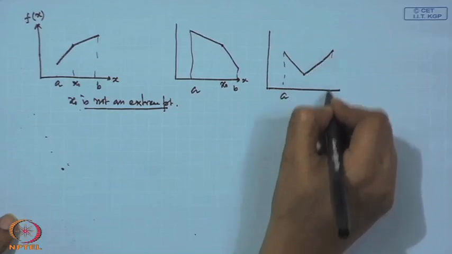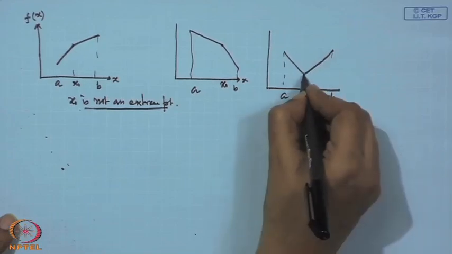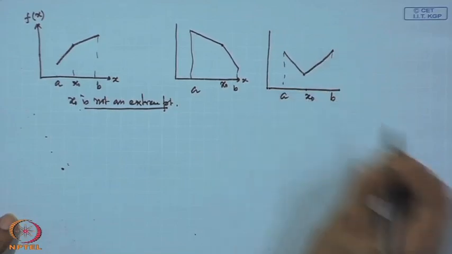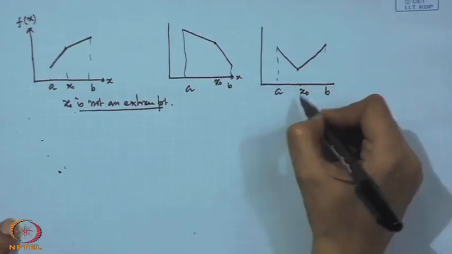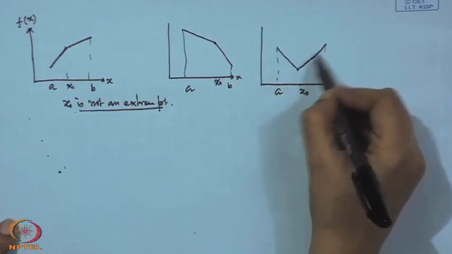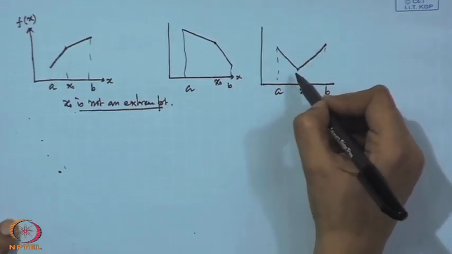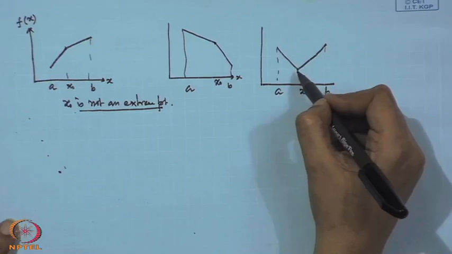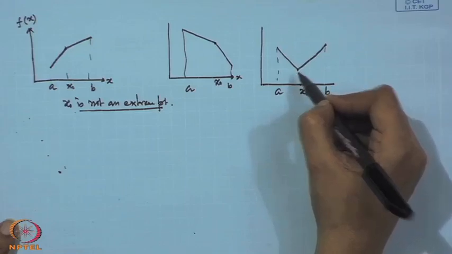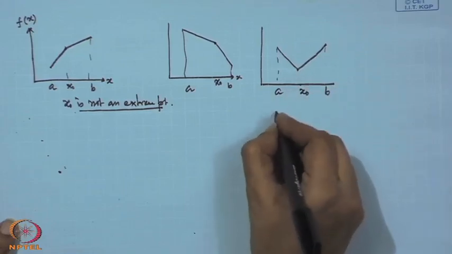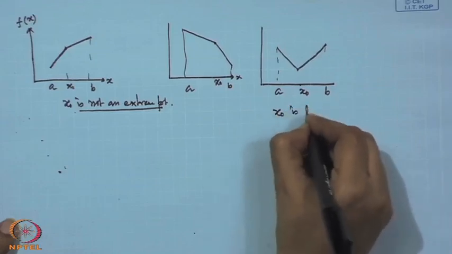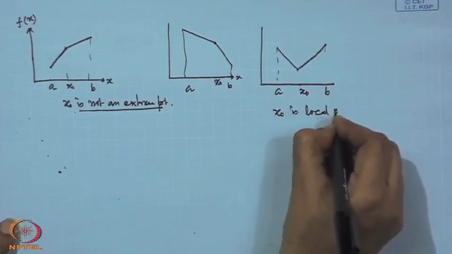This is the function defined from a to b, and this is the point x naught. As we see in the graph, at point x naught the function has a local minima, but the first order derivative fails here. The necessary condition cannot help us say anything about x naught, but still x naught is a local minima.